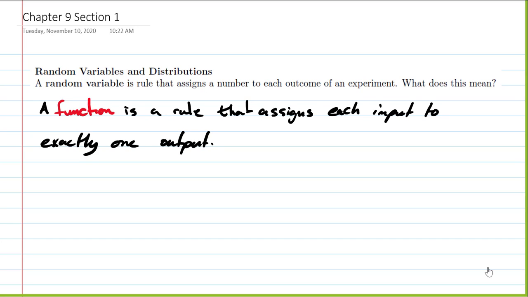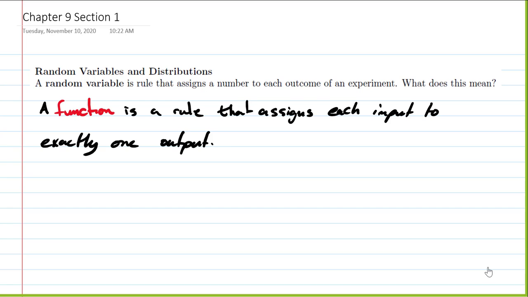So based on this definition, what is a random variable then? Well, a random variable is just a function, right? It's just a rule that assigns a number to each outcome of an experiment.